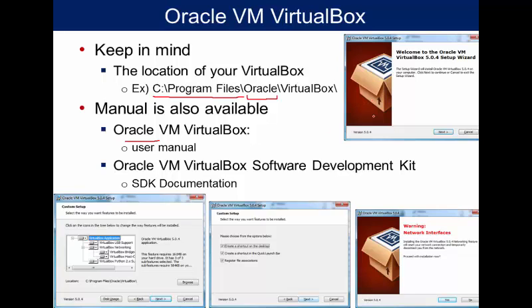So what you need to do is Oracle, as you install, you might have this pop-up windows. So simply click next button and along the way of installation, it may ask you, for example, create a shortcut of the desktop and create a shortcut in the quick launch bar and some of those.